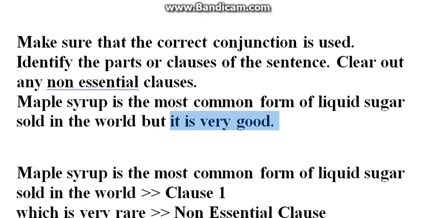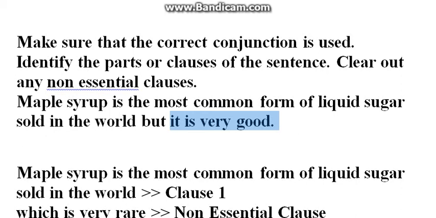What do I mean? You see the sentence? Maple syrup is the most common form of liquid sugar sold in the world, but it is very good. Does that make sense? Is that a contradiction? If it's the most common form of liquid sugar sold in the world, does that mean that it's bad? Does that mean that it tastes bad? No, because if it tasted bad, why would it be the most common form of liquid sugar?